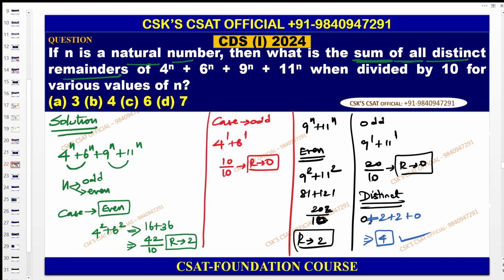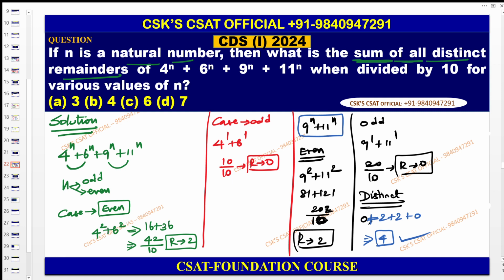It is a very important problem related to UPSC also. Here we are dealing separately with 9 power n plus 11 power n and 4 power n plus 6 power n, then doing the addition, the sum of distinct remainders.